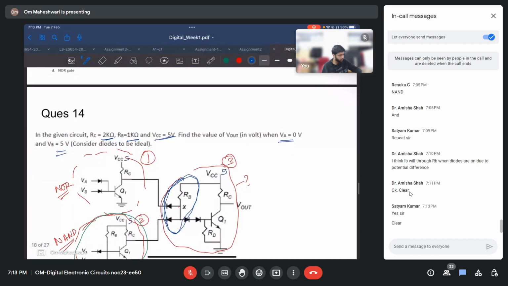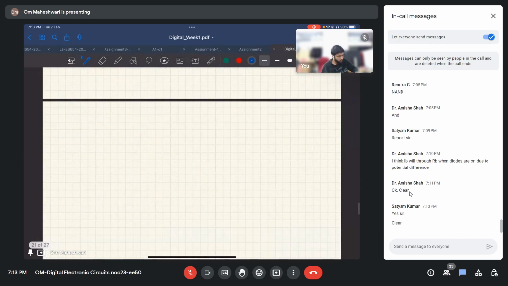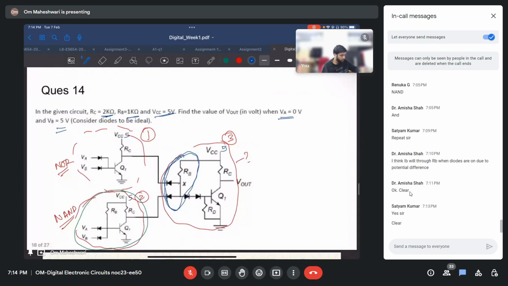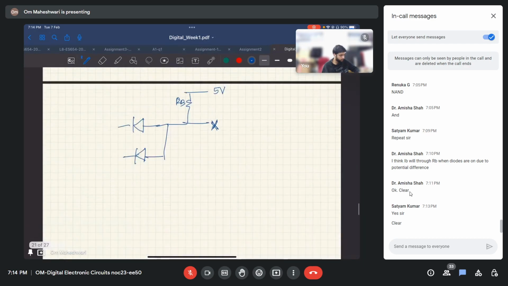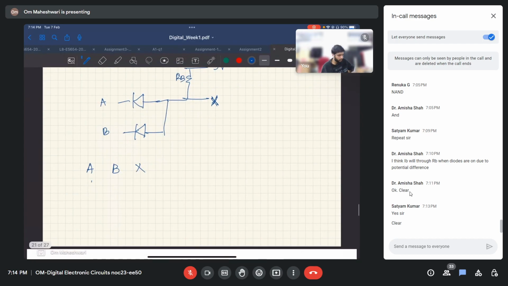This is X, right? So if A, B, X, I want to find what is X for A and B: 0, 0, 0, 1, 1, 0, 1, 1.